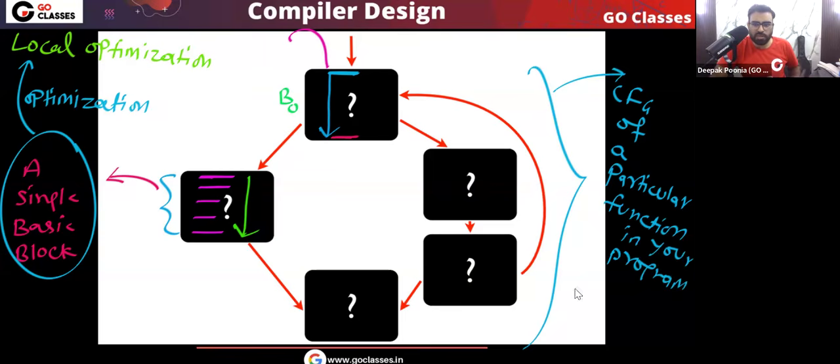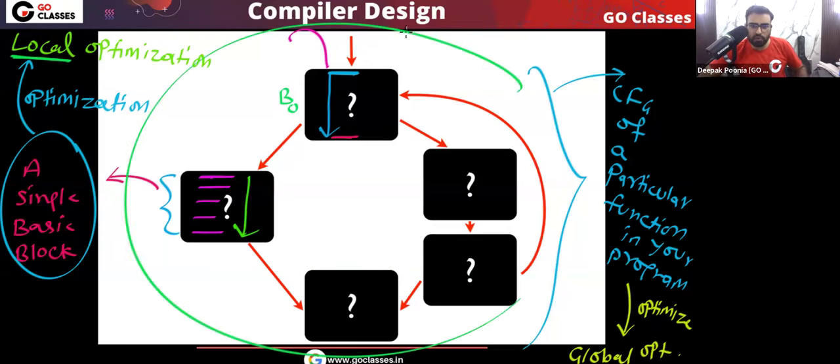On this control flow graph, if you perform some optimization, that will be called global optimization. Is this point clear? Please tell me. Very simple. Remember, if you are performing some optimization within a single basic block only, that is called local optimization.